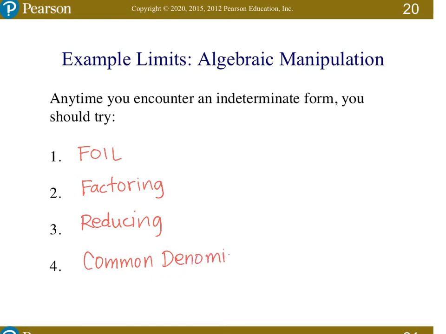These are the 4 strategies that are legal and required when you get an indeterminate form. This is only for the indeterminate form 0 over 0. There are going to be other indeterminate forms. This particular indeterminate form is the only one that you're going to encounter today, and these are the 4 strategies that you would do when that happens.